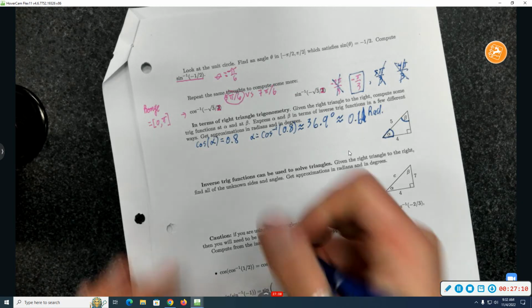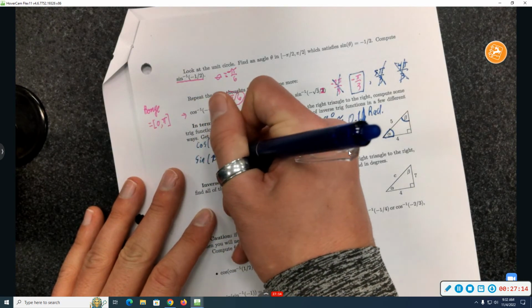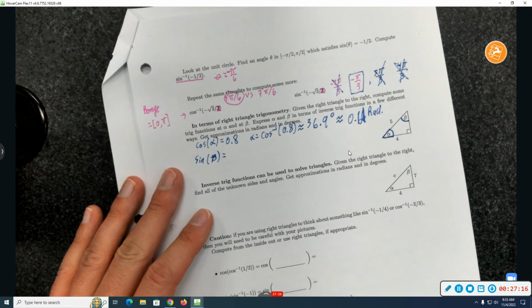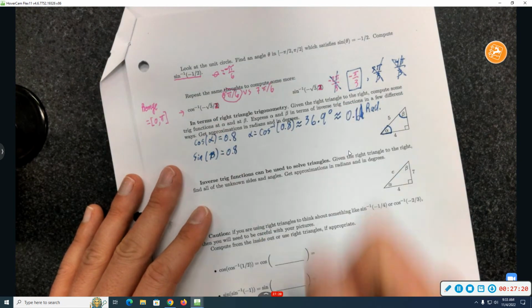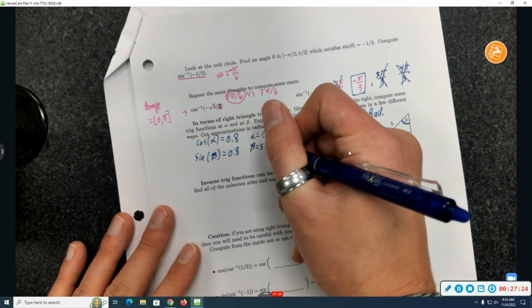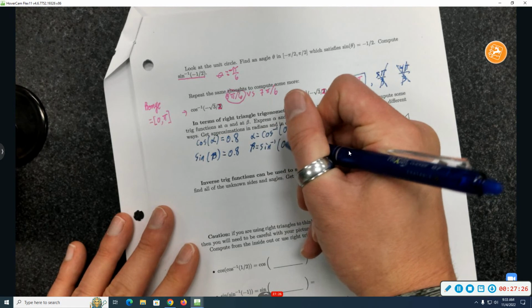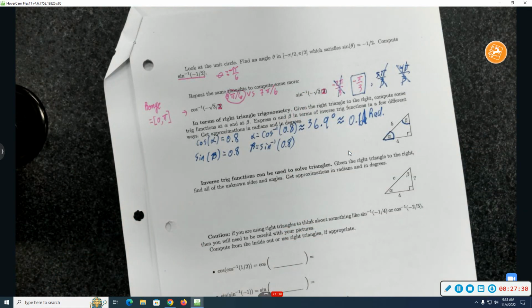So here's one philosophy. What is the sine of beta? Yeah, also 0.8. So does that mean beta has to be sine inverse of 0.8? Oh, cool. So we can figure that out.